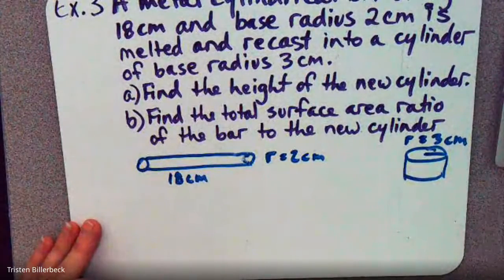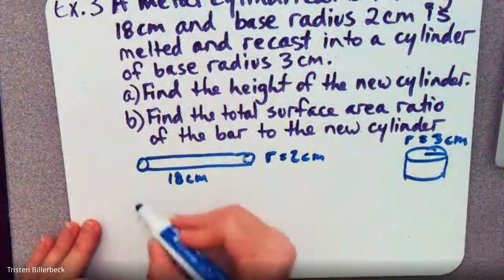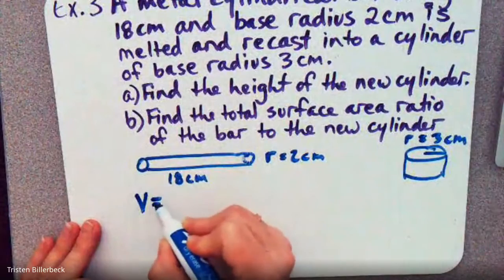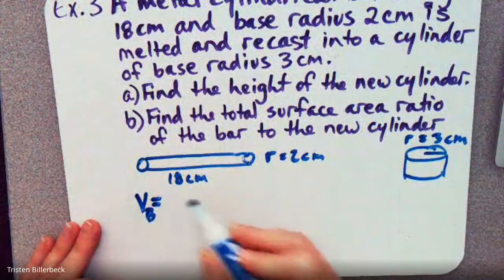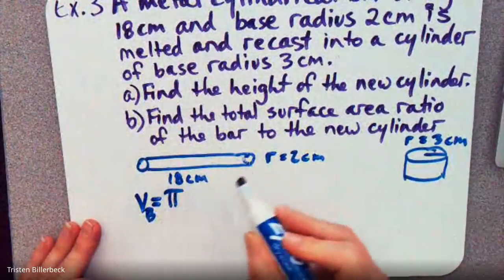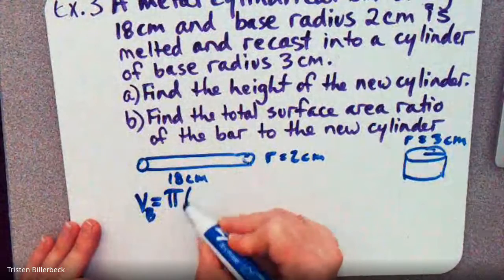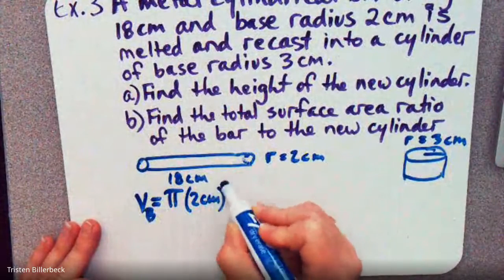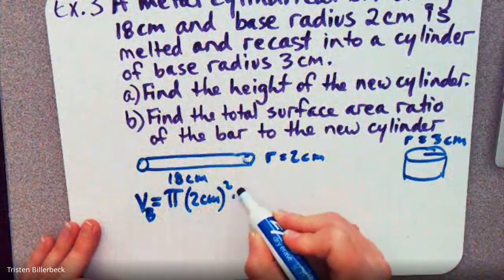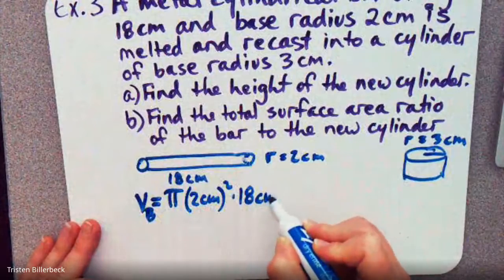Okay, it says find the height of the new cylinder. So first we find the volume of the first cylinder, the bar. We have pi r squared, which is 2 centimeters squared, times 18 centimeters.